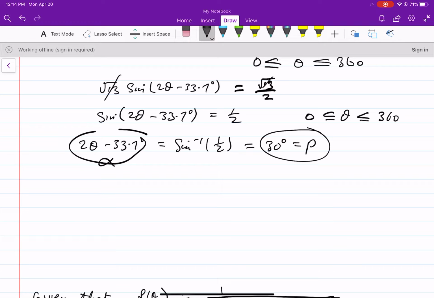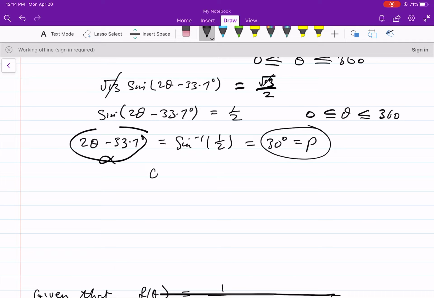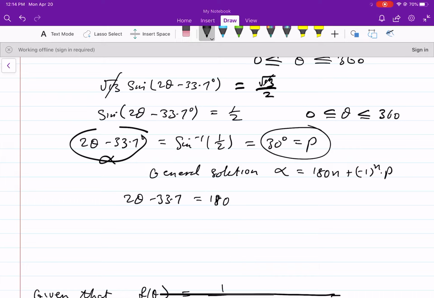General solution technique says to find alpha. Actually write that. General solution says alpha must be equal to 180 n plus minus 1 to the n times p. Alpha in this case is 2 theta minus 33.7, and that's equal to 180 n plus minus 1 to the n times 30.